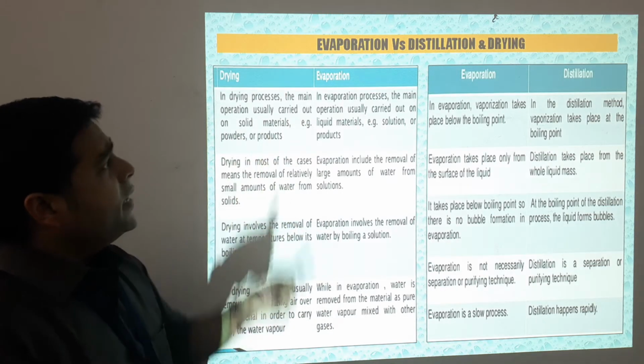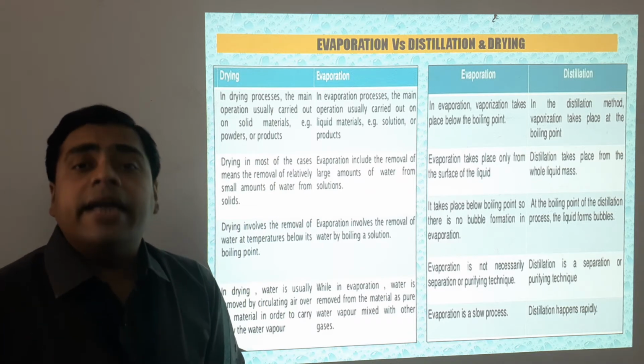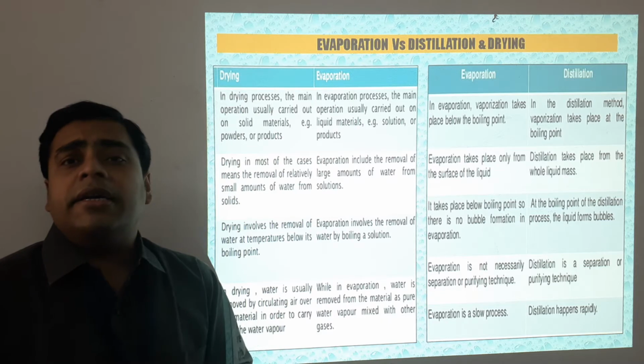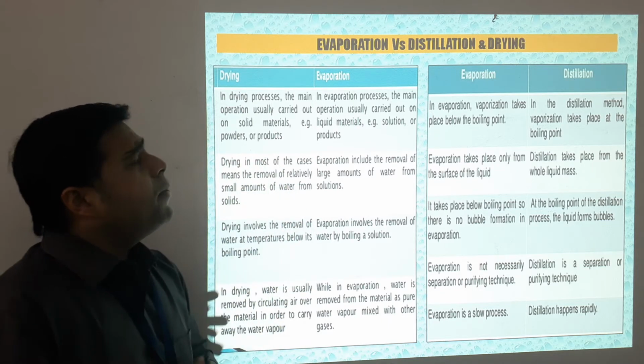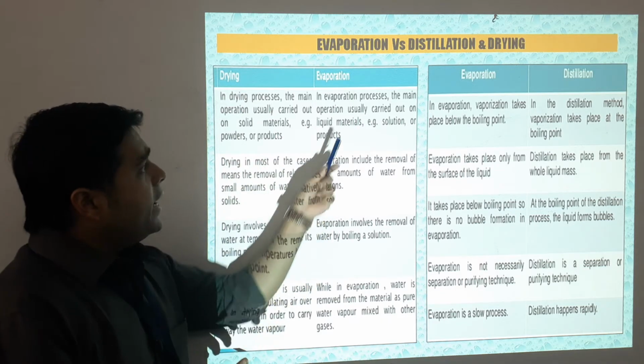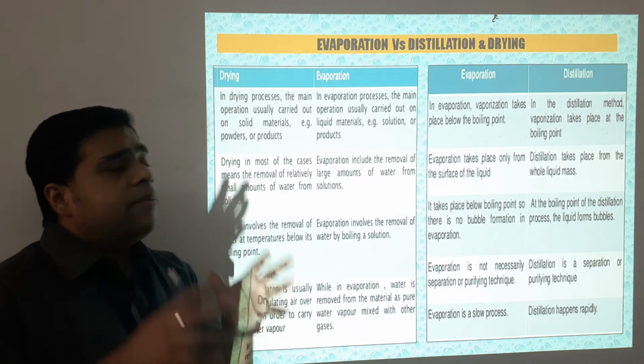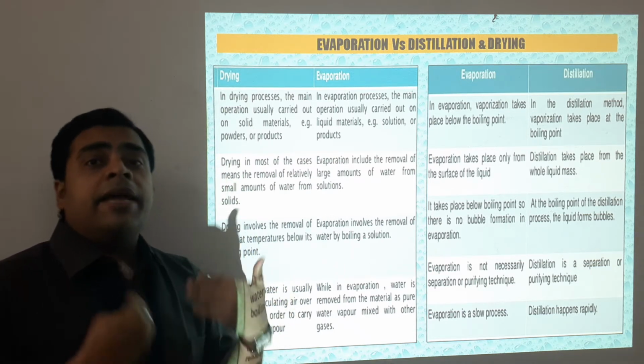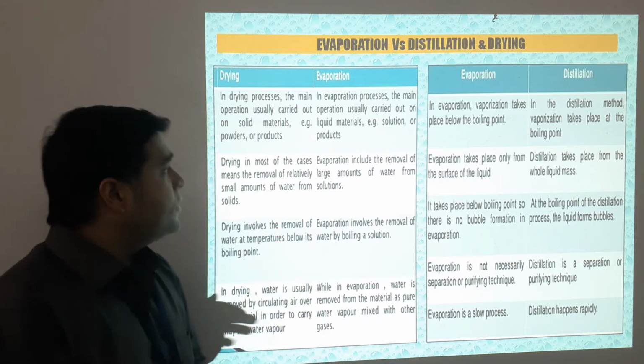In drying, the main operation is generally carried out on solid or moist materials, for example powders or products. In the evaporation process, the main operation is usually carried out on liquid material, like extracts or solutions.